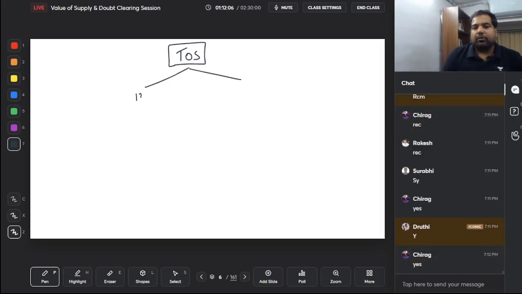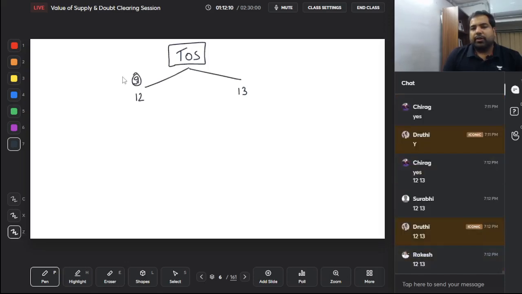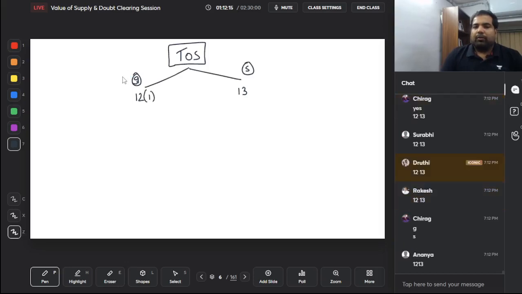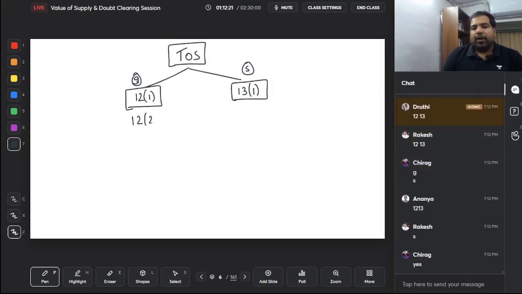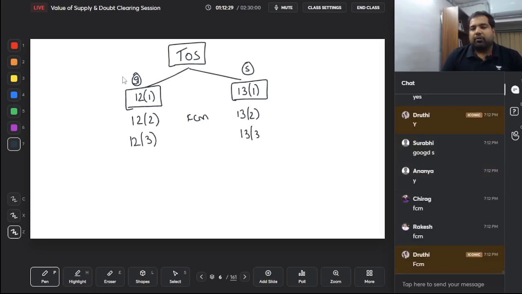You see 12 and 13. 12 is for goods, 13 is for services. 12.1 and 13.1 are the introduction sections. Yes. 12.2 and 13.2 are for what guys? FCM. 12.3 and 13.3 are for what guys? RCM.